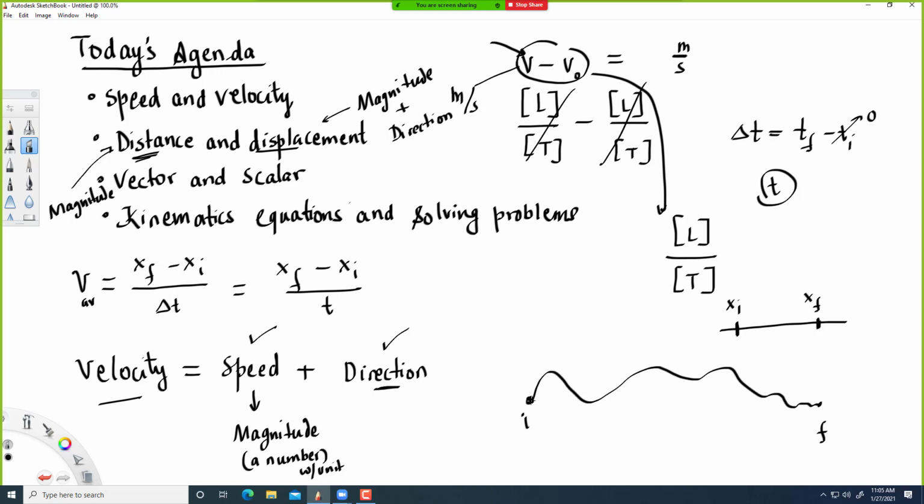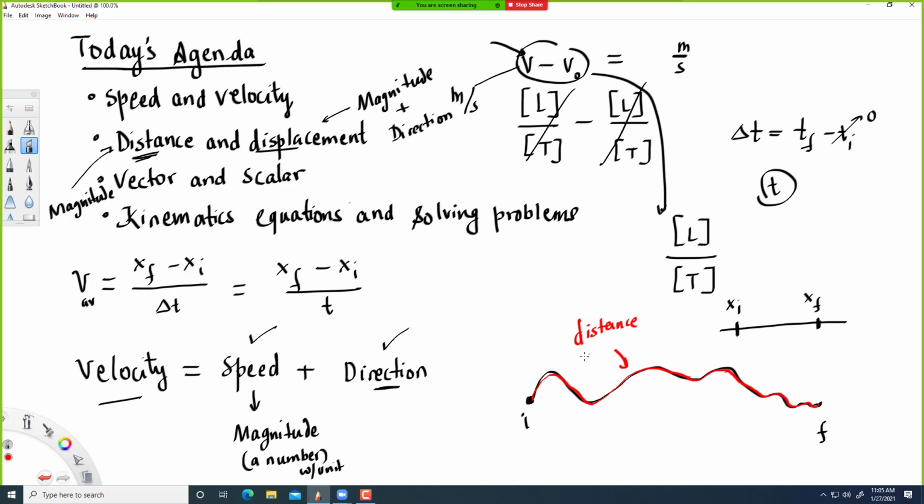So the total length you travel from I to F, this whole thing, let's use different color here. So measure this path with some kind of meter, scale, measuring tape or something. So this path will give you the distance.